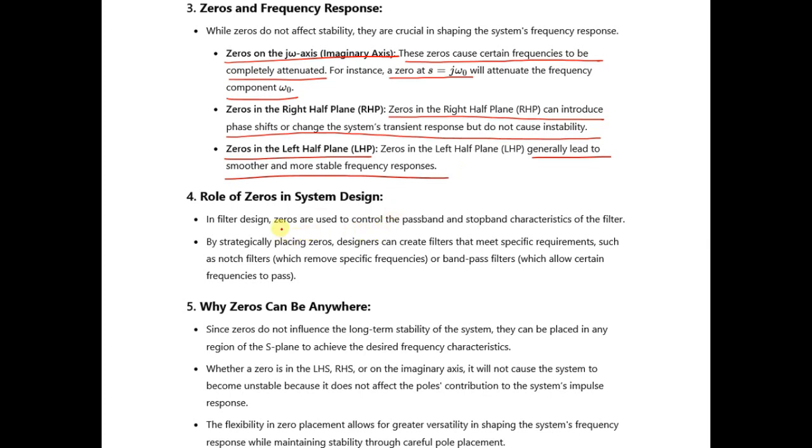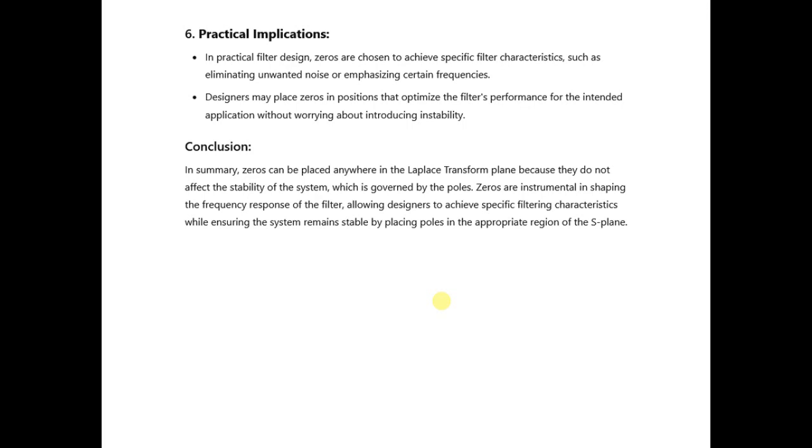Okay. So the role of zeros in system design: zeros are used to control the passband and stopband characteristics of the filter. Why can zeros be placed anywhere? I have already discussed, because it does not affect the stability of the system. In practical filter design, zeros are chosen to achieve specific filter characteristics such as eliminating unwanted noise or emphasizing certain frequencies.